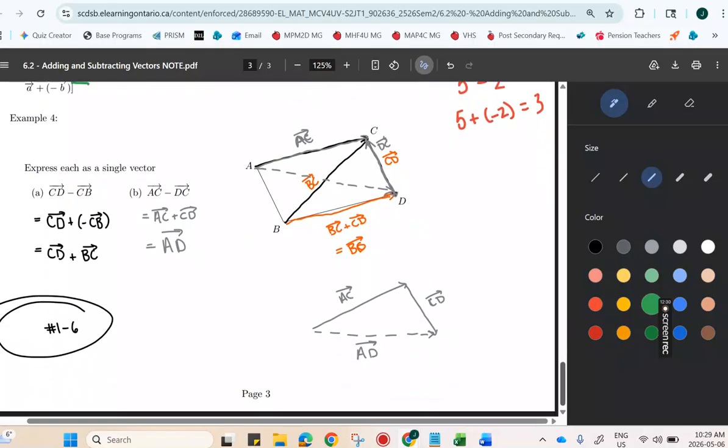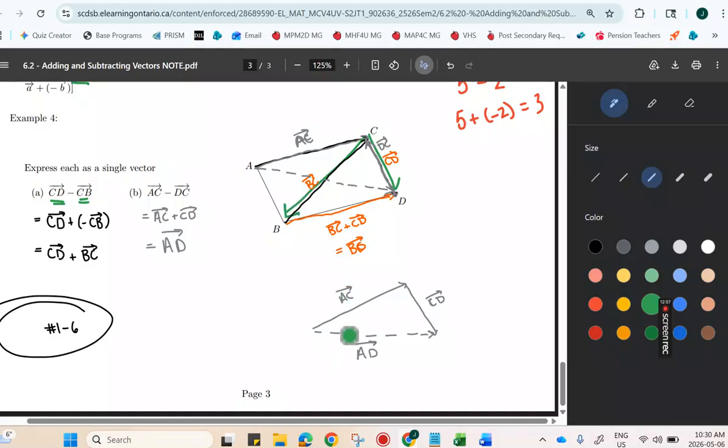Okay, last example. Express each as a single vector. So vector CD minus CB. Well, where's CD? Vector CD is right here, C to D. Minus vector CB. Where's CB? CB.